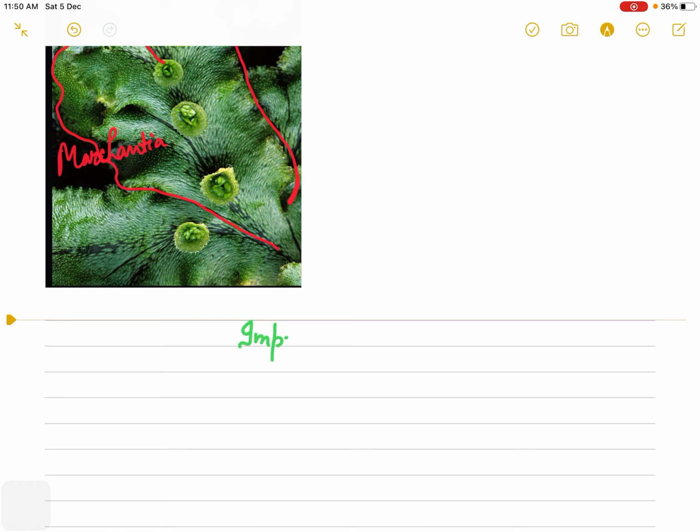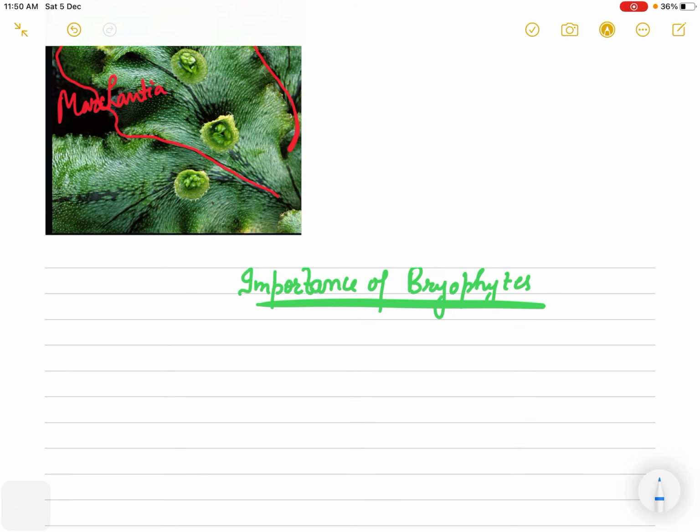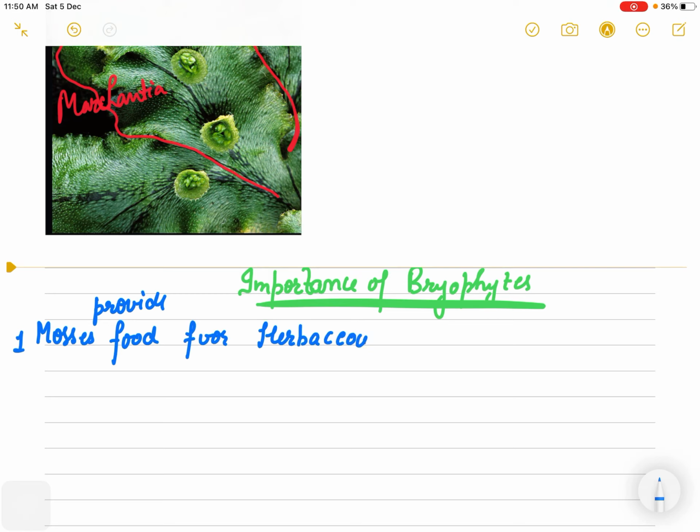The second question sometimes asked in exams is on the importance of bryophytes. If we talk about the general importance of bryophytes, mosses provide food for herbivorous animals, those which eat grass, those which feed on the green leaves.